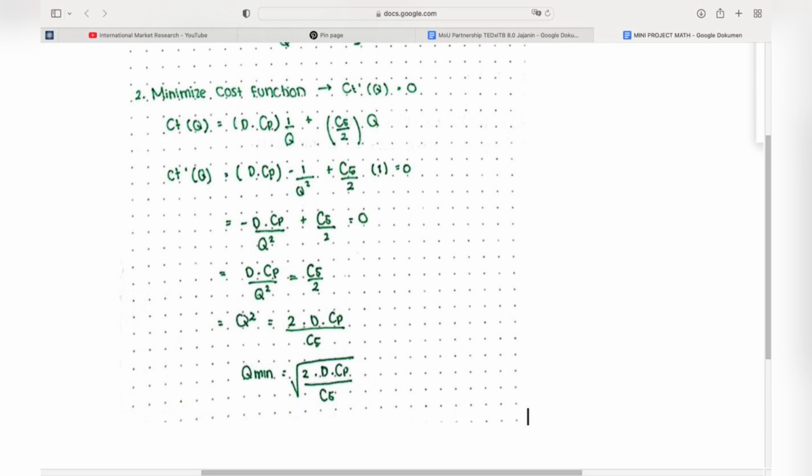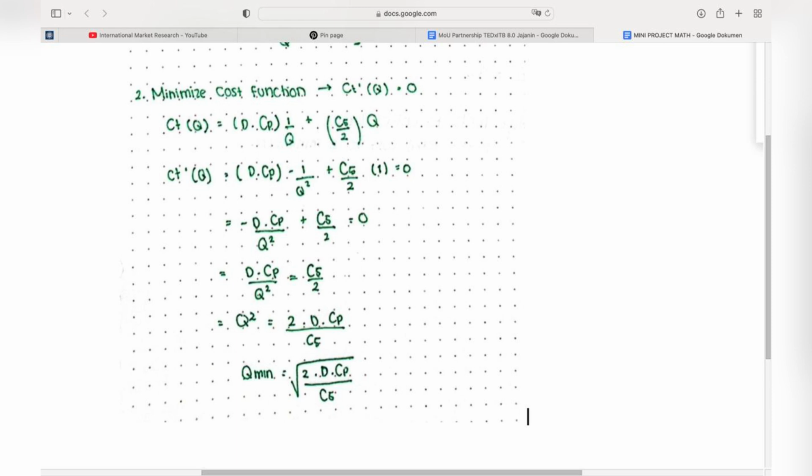Now, let's take the derivative of CT(Q). That gives us CT'(Q) equals minus D times CP divided by Q squared plus CS divided by 2.